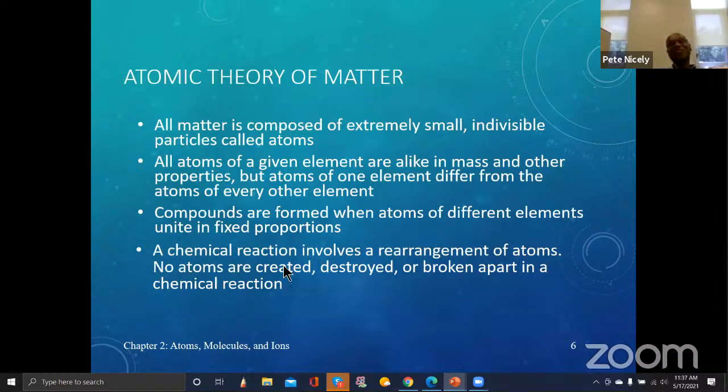And this particular assumption here is, of course, supported by the law that we talked about before, the conservation of mass law, right? Remember, we said that in that law, matter is not created nor destroyed in a chemical reaction. And the reason why that is true is suggested by this particular statement in the atomic theory of matter. And that is that when you have a chemical reaction, there is no destruction or creation of atoms, but basically a rearrangement of atoms where bonds are broken and formed to form new products.